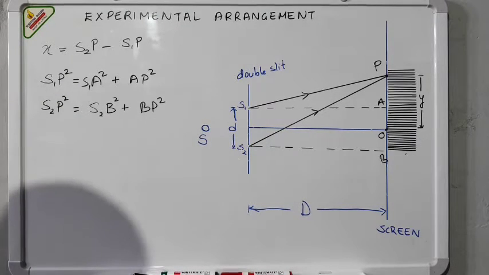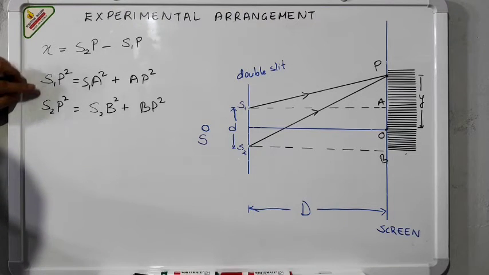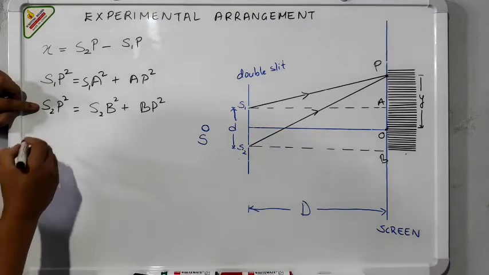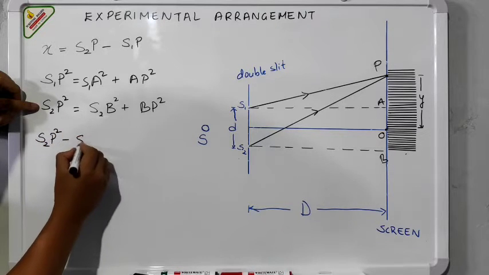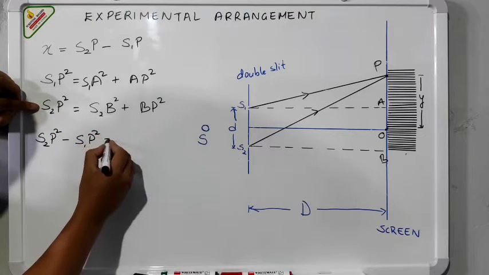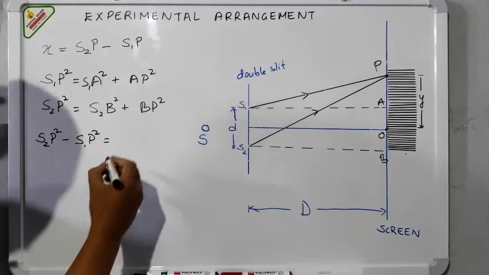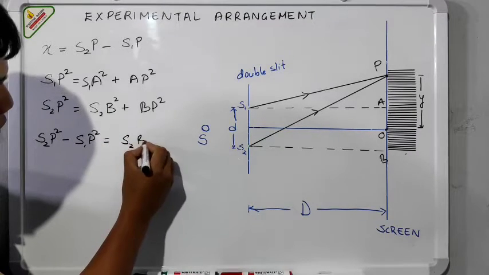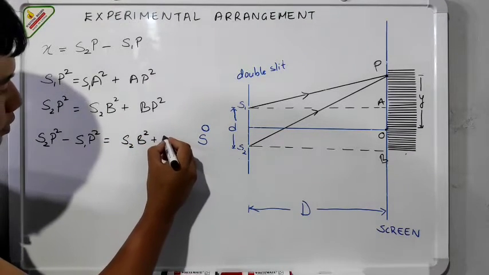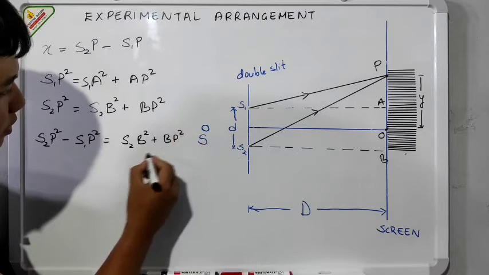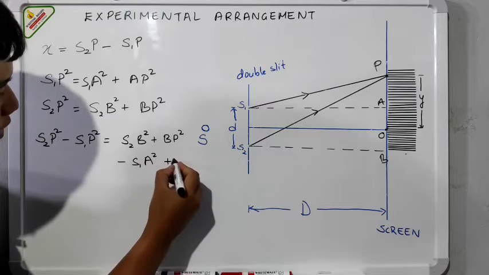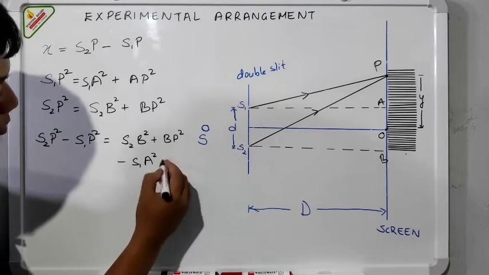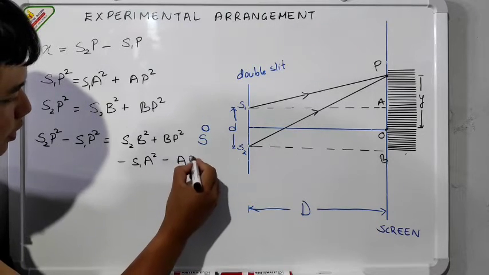First, let us subtract this equation from this equation. It will be S2P square minus S1P square, which is S2B square plus BP square minus S1A square minus AP square.